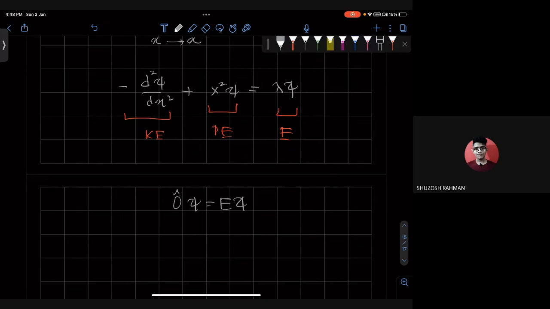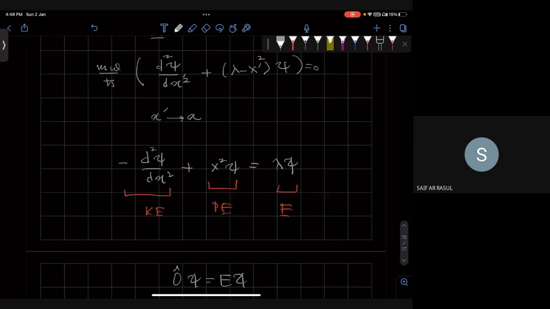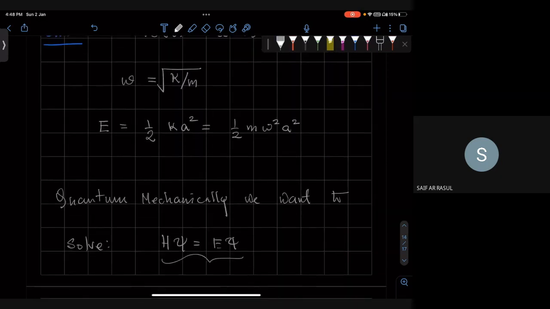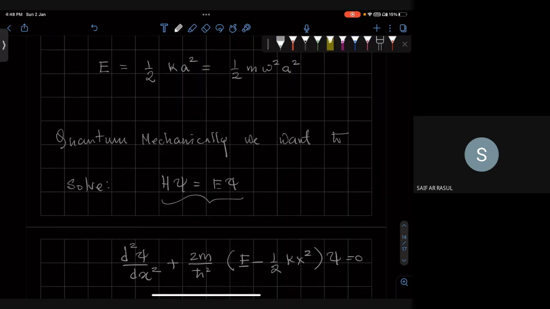Is this an eigenvalue problem now? It is, yeah. It was always an eigenvalue problem, because the time-independent Schrodinger equation is an eigenvalue problem. But now it's a simpler eigenvalue problem.